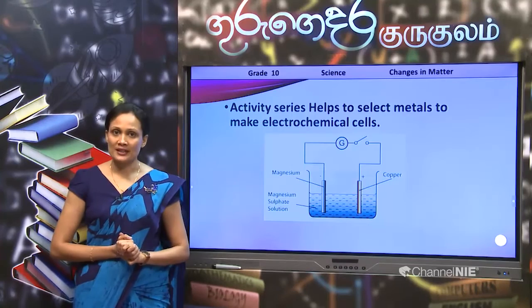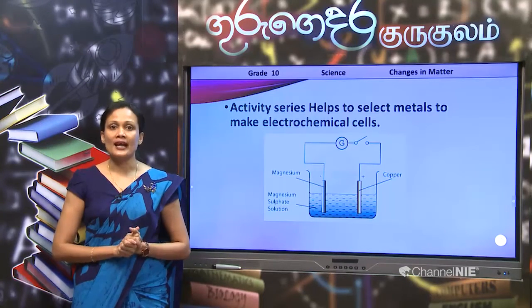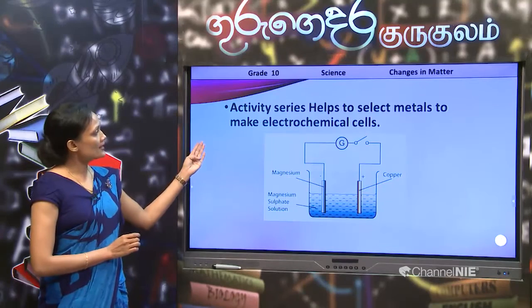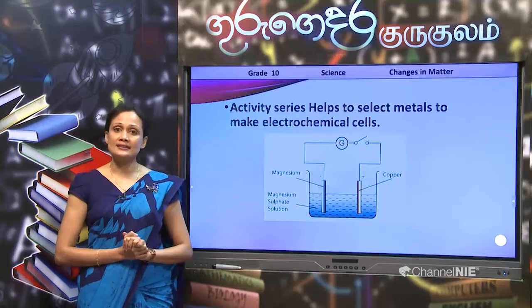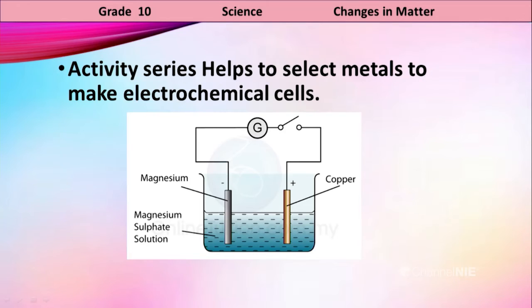Now I am going to explain another use of the activity series. The activity series helps to select metals to make electrochemical cells. You know about the electrochemical cell. When we are making electrochemical cells, we need to select electrodes for it, and we use the activity series. The higher reactivity metal is used as the anode or negative terminal, and the lesser reactive metal is used as the cathode or positive terminal.